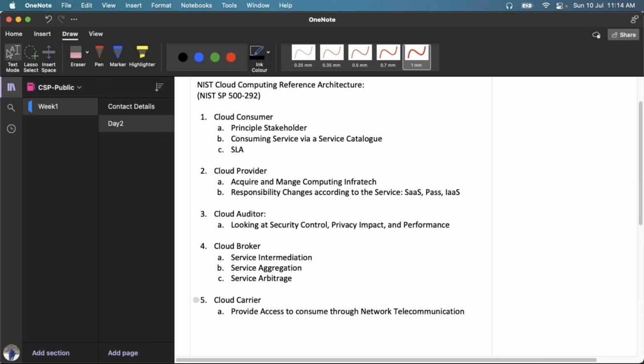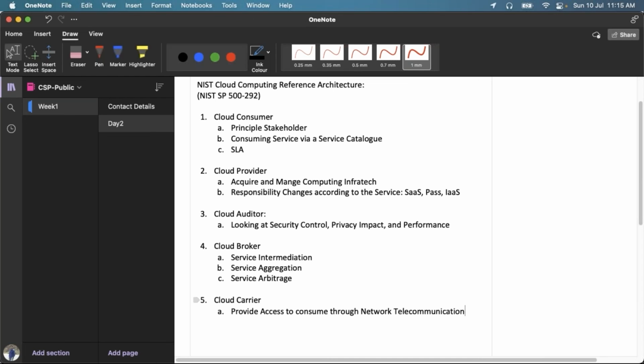So what is the relationship between you two? I also want to know for auditing purposes, or for making sure you are following all the rules. In many cases, cloud carriers are nowadays becoming cloud service providers themselves, or vice versa, the cloud service provider becoming the cloud carrier itself.